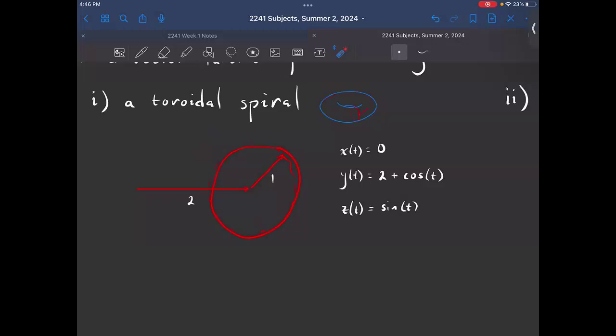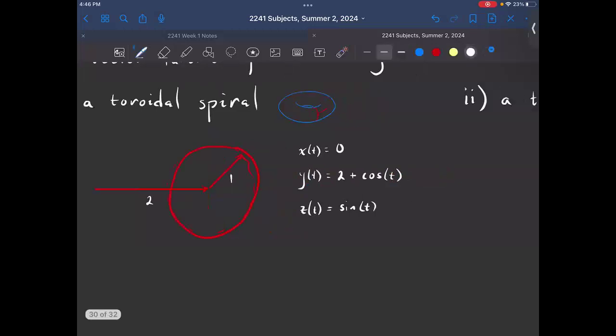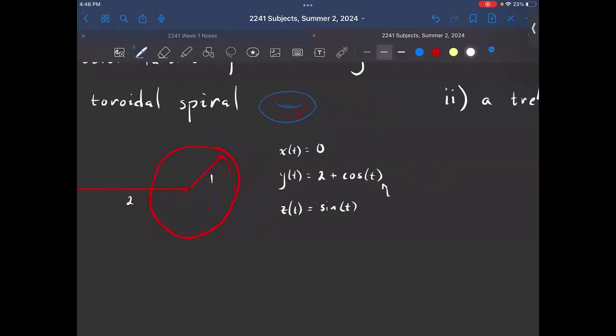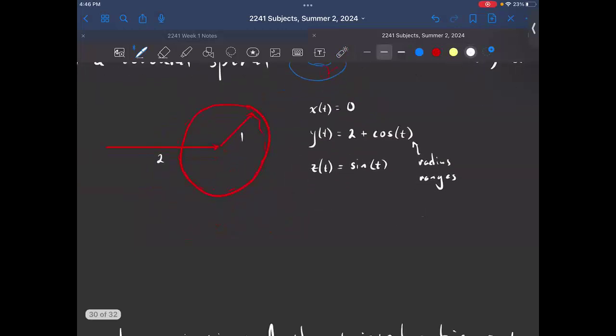So we want to think of this, actually, the y-coordinate, as the radius of the torus at different values of certain parameters. So these are the ranges of the radius. All right, and now let's call these big R of t for a second.